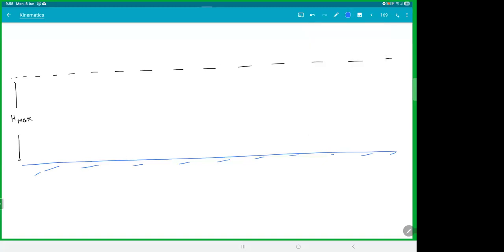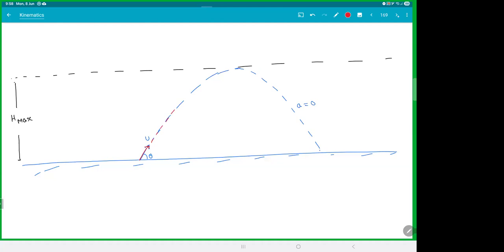So first, let's draw a normal one. Let's say you're throwing with u at angle theta. You will go normally. You will graze this and you will fall here. So this is the scenario when a is 0, normal acceleration. There is no horizontal acceleration.